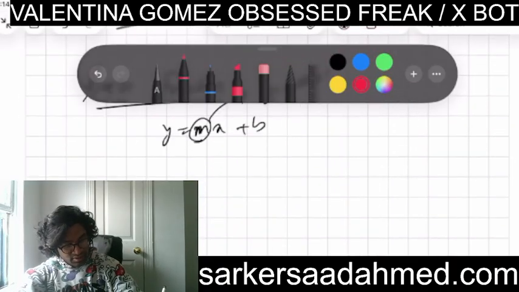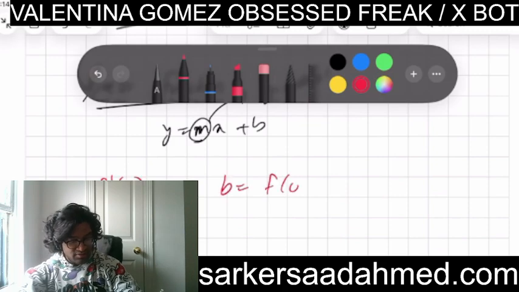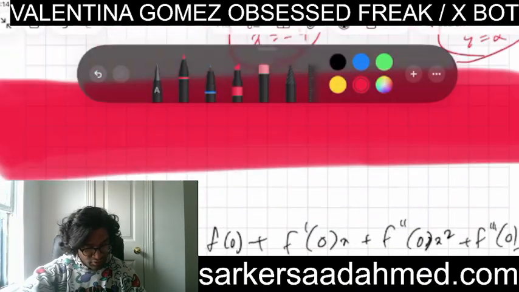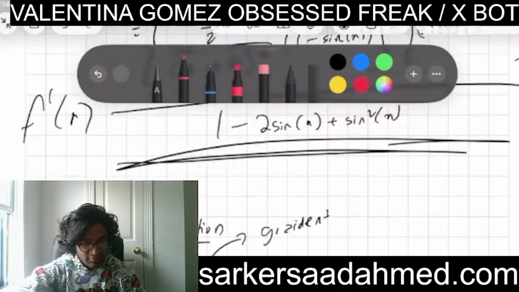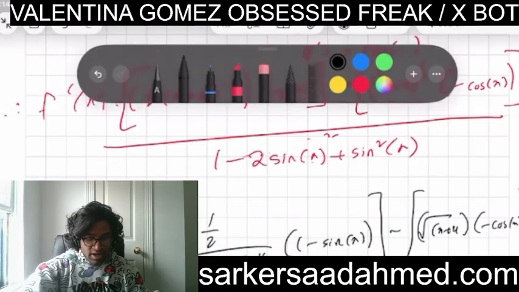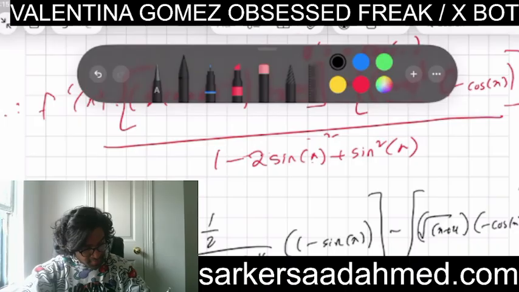So here, m is your f prime of 0, b is your f of 0. Actually, we can get f prime of 0. For f prime of 0, you're going to replace all the x values with 0.